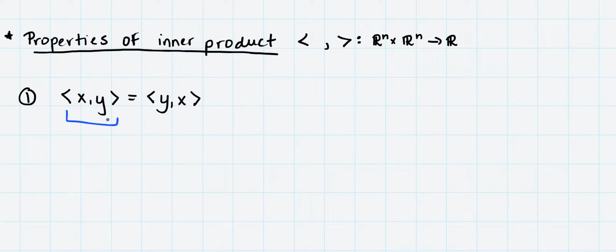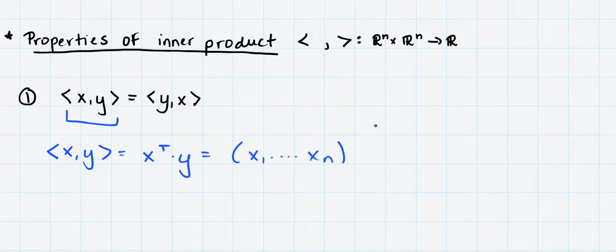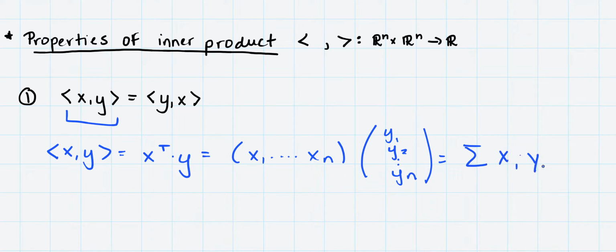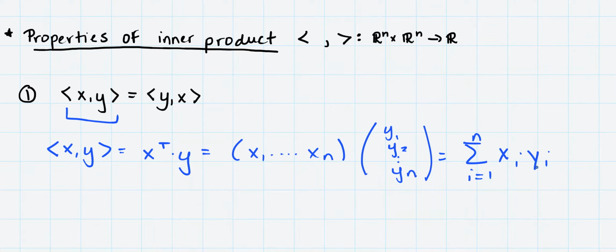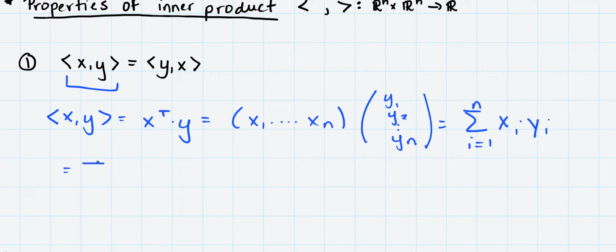On the left-hand side, this is equal to x transpose times y, which we said is x1 through xn, y1 through yn, and we get this finite sum. But we can switch these two. This is equal to yi xi, because they're real numbers, and we know real numbers commute.